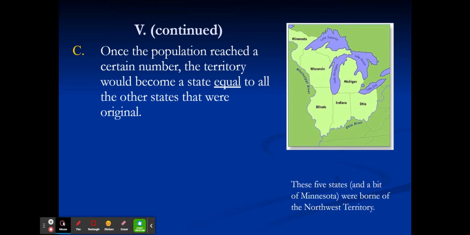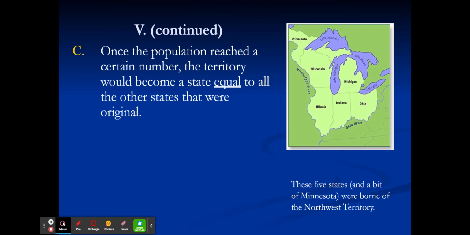So, those original 13 colonies that have become the first 13 states are saying once any of this area has enough people living in it to become a state, we will let it become a state and we will let it have the same equal treatment and be equal to us original 13.